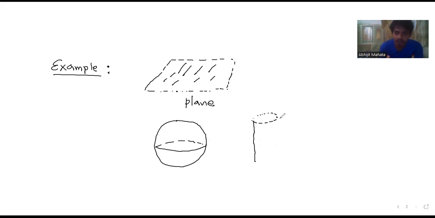If you include it, then it will be a surface with boundary. But since in our definition we took surface without boundary, this is also a surface, because if you take any point, the neighborhood looks like an open subset of R2. Similarly here, and all are Hausdorff and second countable because they are all subspaces sitting inside R3. So the topology comes from R3.